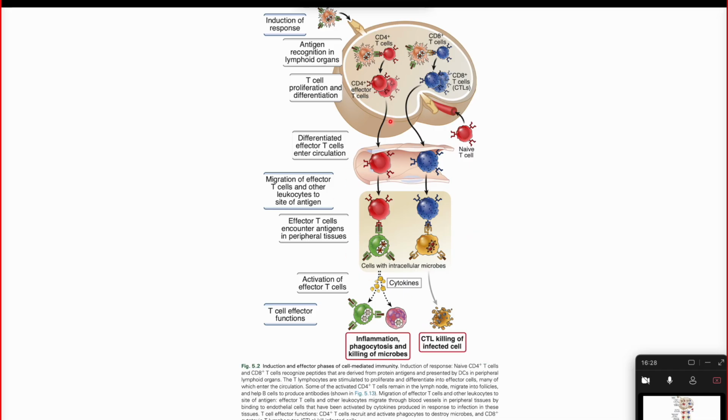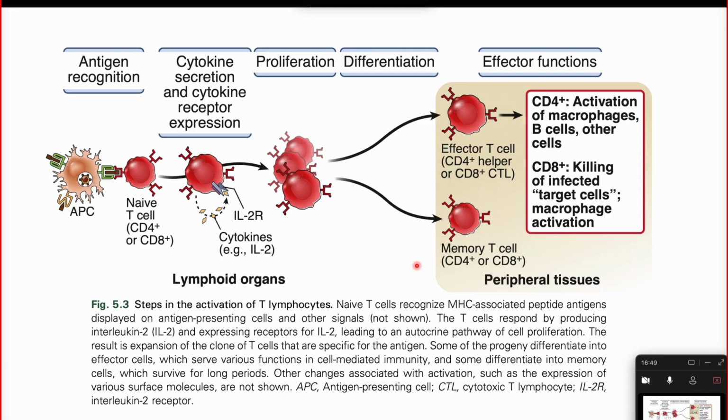In the same process, naive T cells, coming from the outside, majorly from the thymus, will enter and help make sure that the receptors are very specific with respect to the antigen. These are the steps involved in the activation of T lymphocytes.